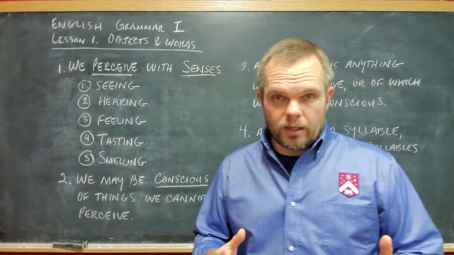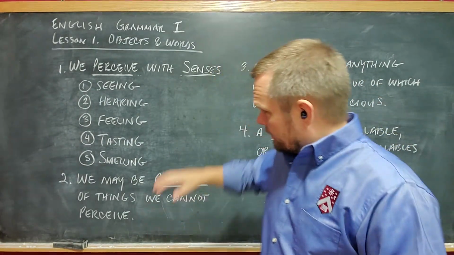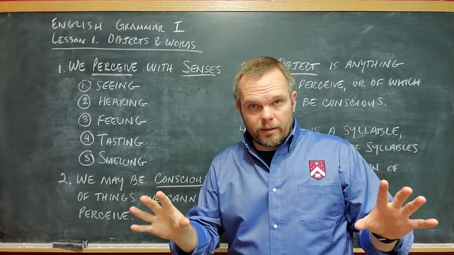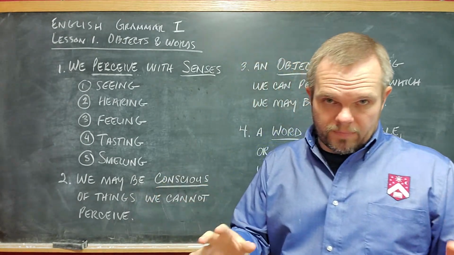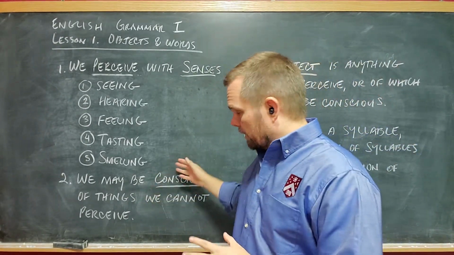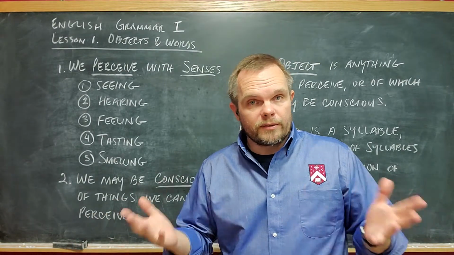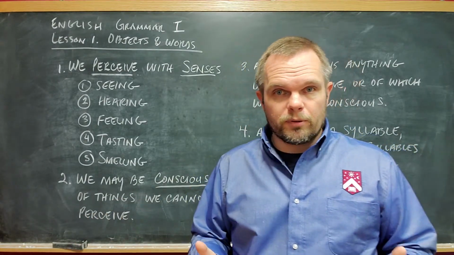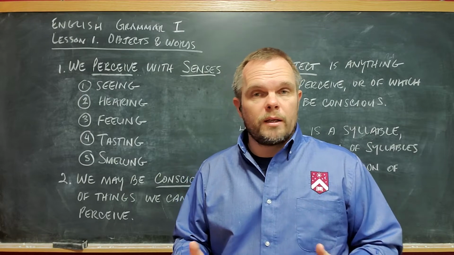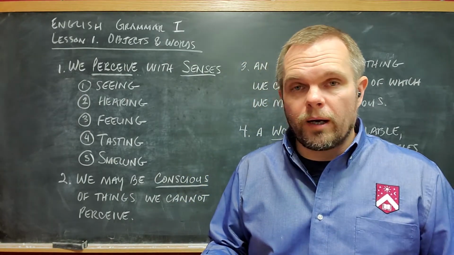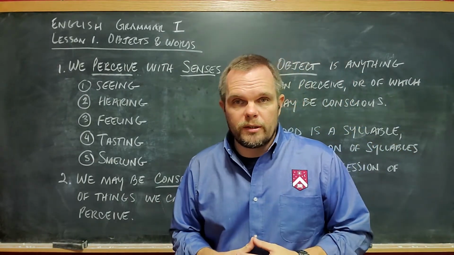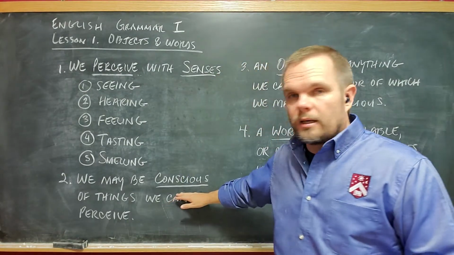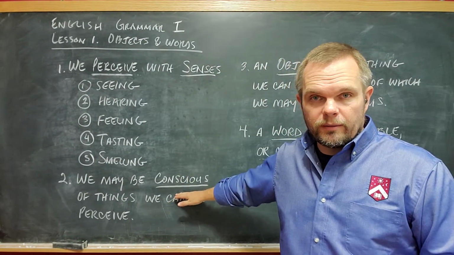Some things that God has created can be perceived. We can see them, hear them, feel them, taste them, or smell them. But many things that God has created cannot be perceived. For example, a spirit has no body. It cannot be perceived. But we may be conscious of a spirit.